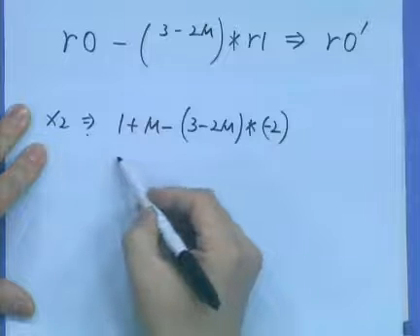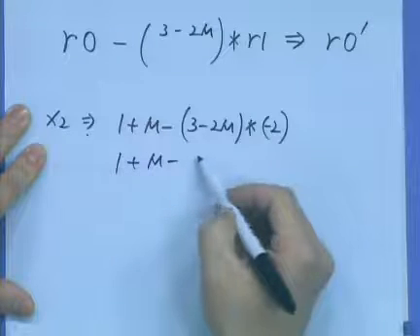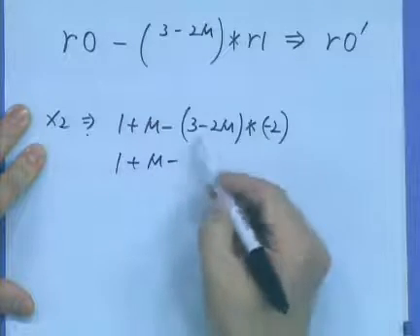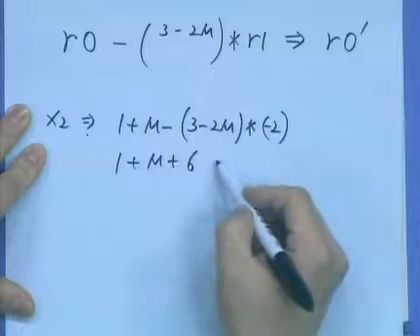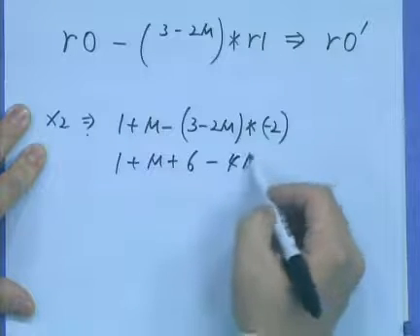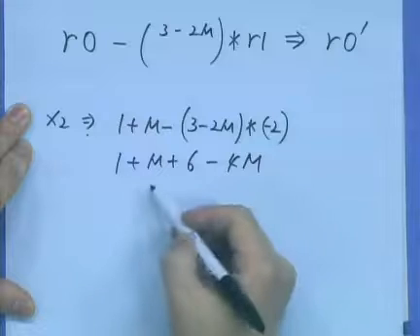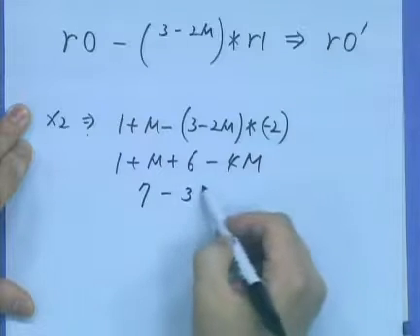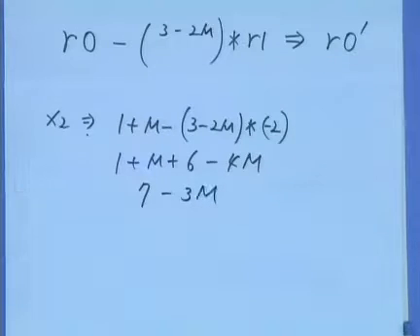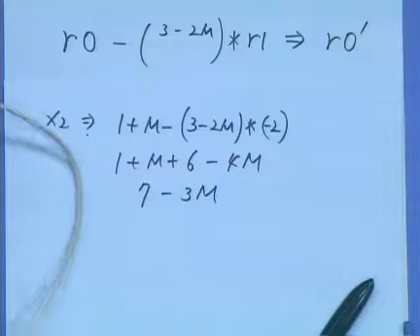So this is going to be 1 plus M plus 6, and minus 4M. Is that correct? 7 minus 3M. So I can just put it over here.